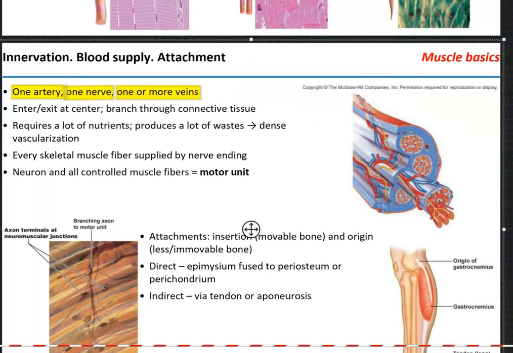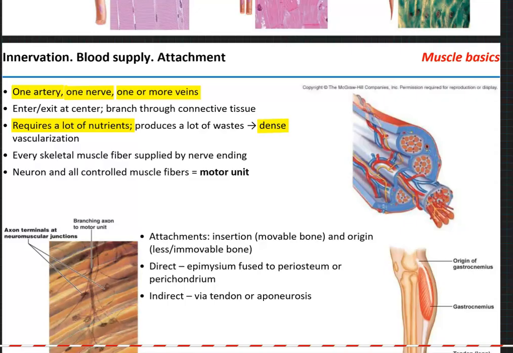In other words, dense vascularization. The reason for this: skeletal muscles, when active, require a lot of nutrients, and they also need the removal of a lot of waste.